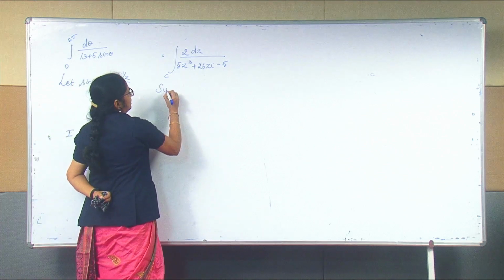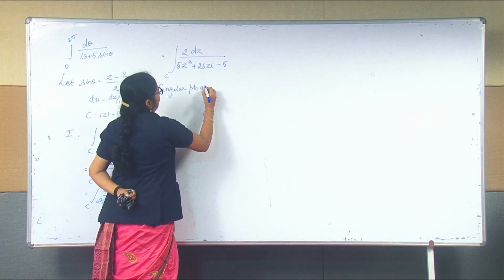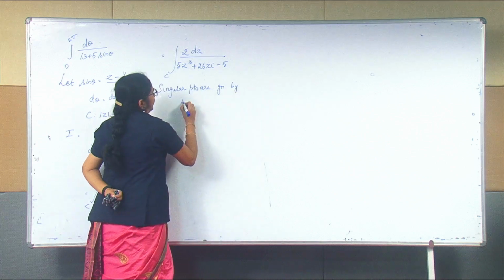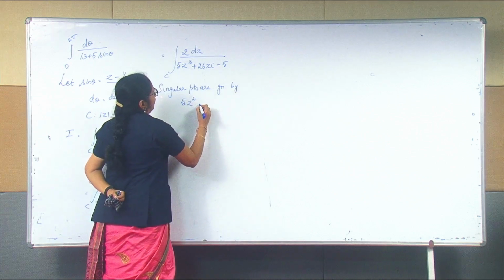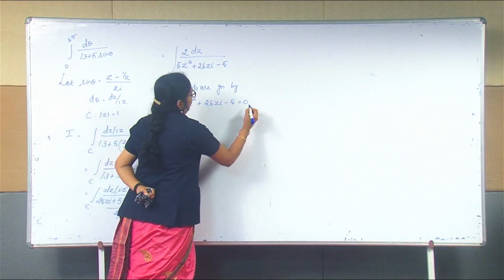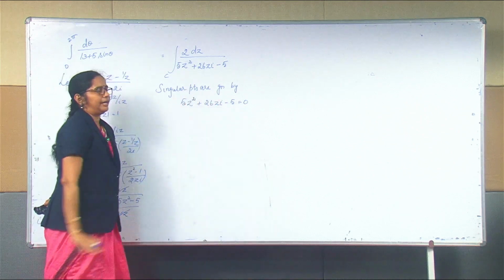So how will you find the singular points? The singular points are given by the denominator equal to 0. So 5z square plus 26zi minus 5 equal to 0. Now we have to find the roots.